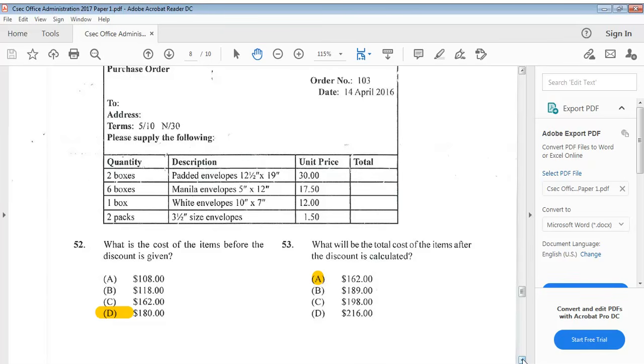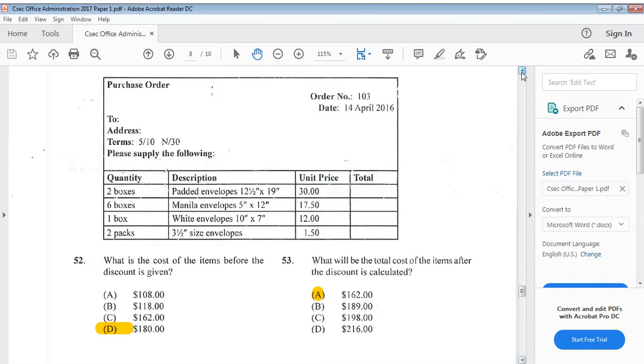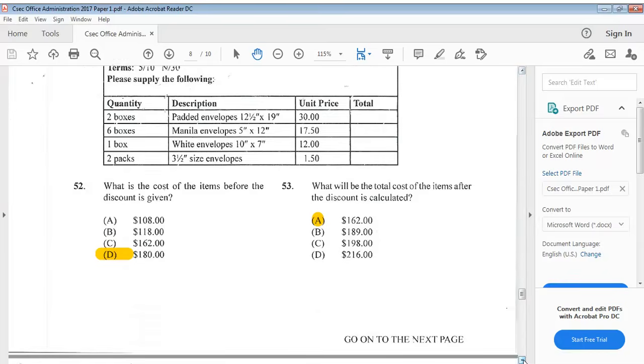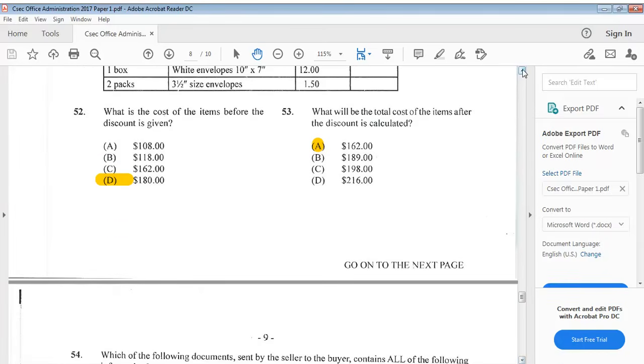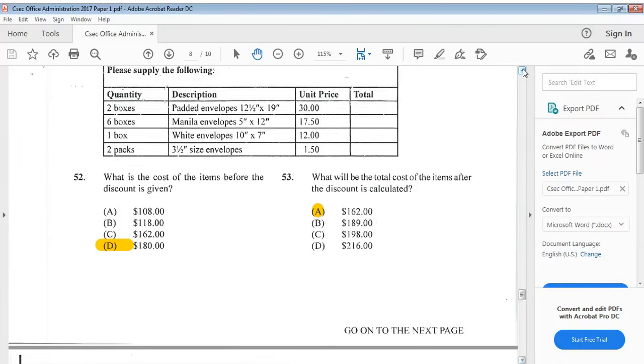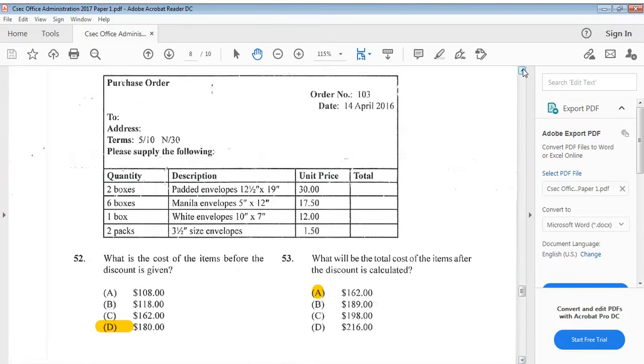Question number 53 says, what will be the total cost of the items after the discount is calculated? So it is usually 10%.